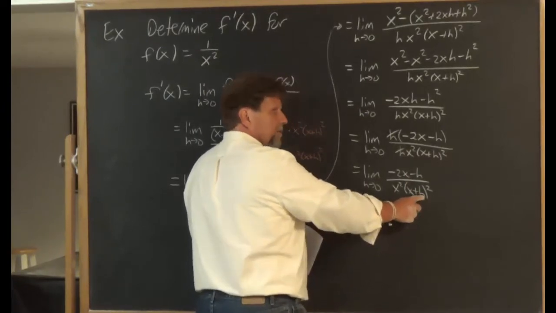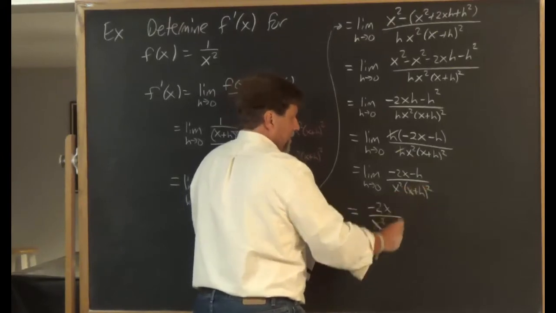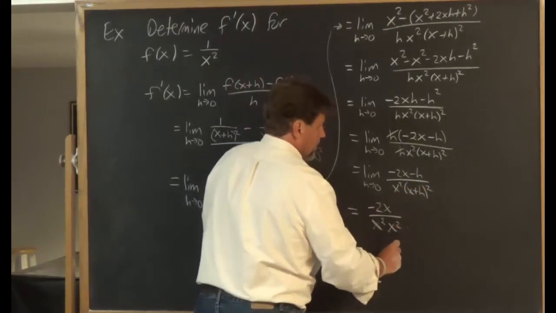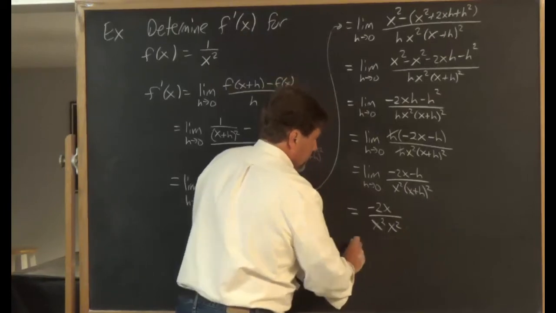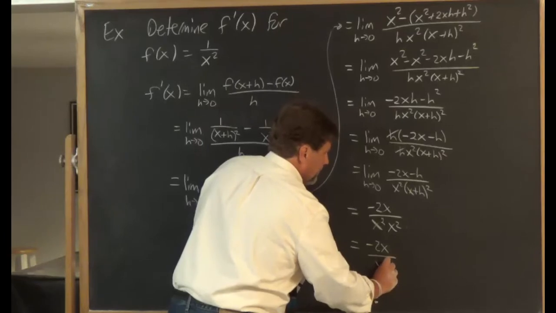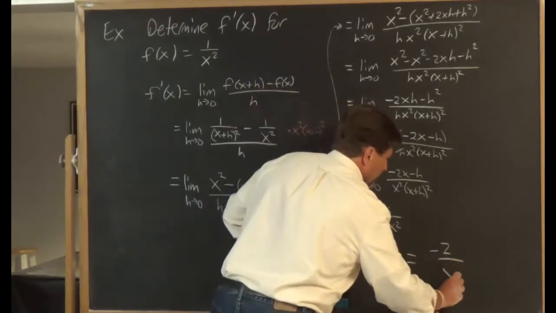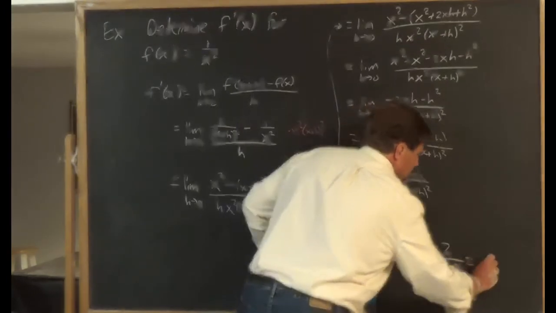And then 0 comes in here for the h, so x plus 0 is x. So I have another x squared, which gives me -2x over x to the 4th, which simplifies to -2 over x cubed.